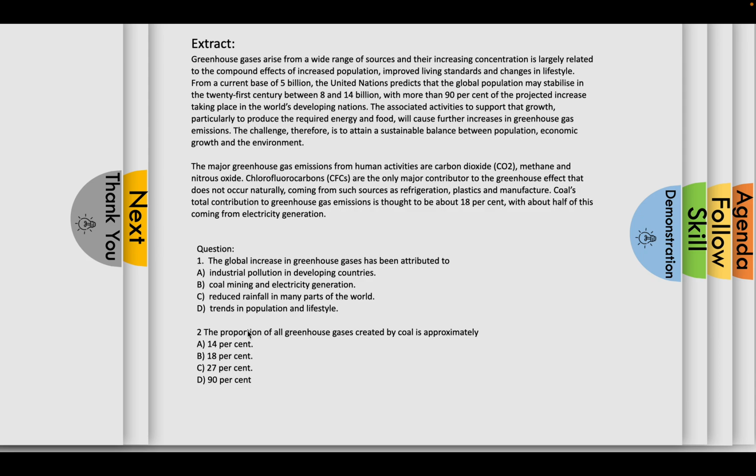If you look at the question stem, they are talking about the amount of emission of greenhouse gases, not because of human activities but something else. So you can read this paragraph and find out whether they talk about coal or not. This paragraph would be relevant for this kind of question.